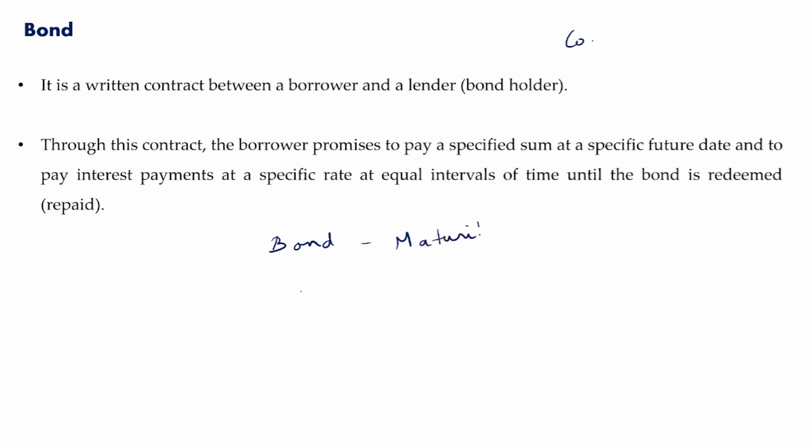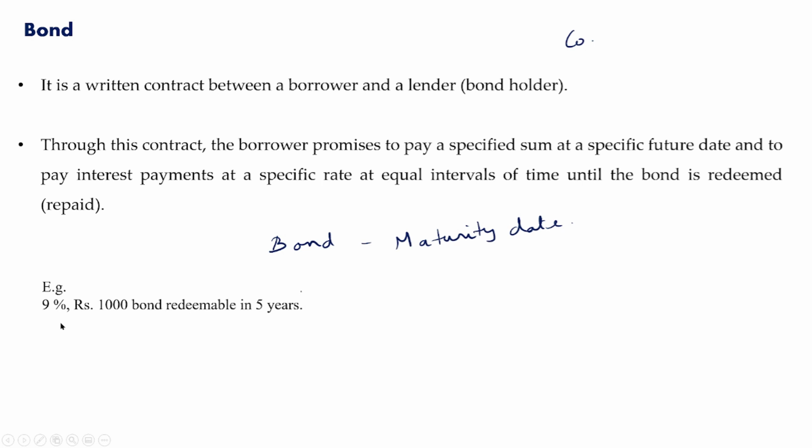So a bond has a maturity date. The borrower has to pay interest at a specific rate at equal intervals of time till the maturity date, until the bond is redeemed or repaid.